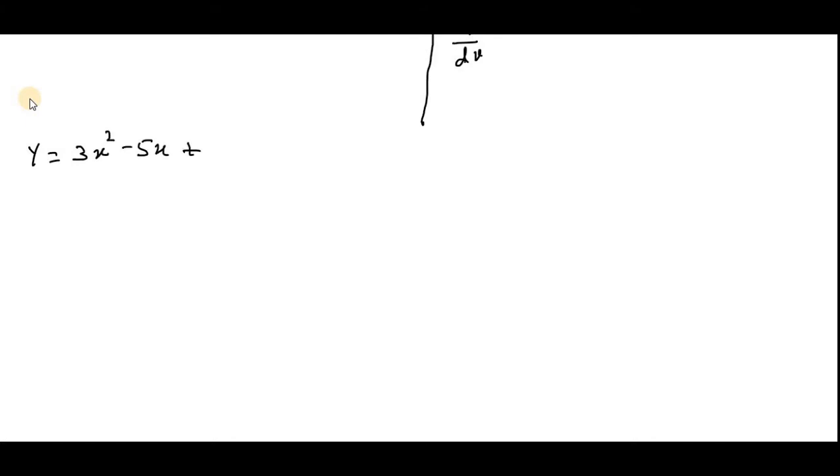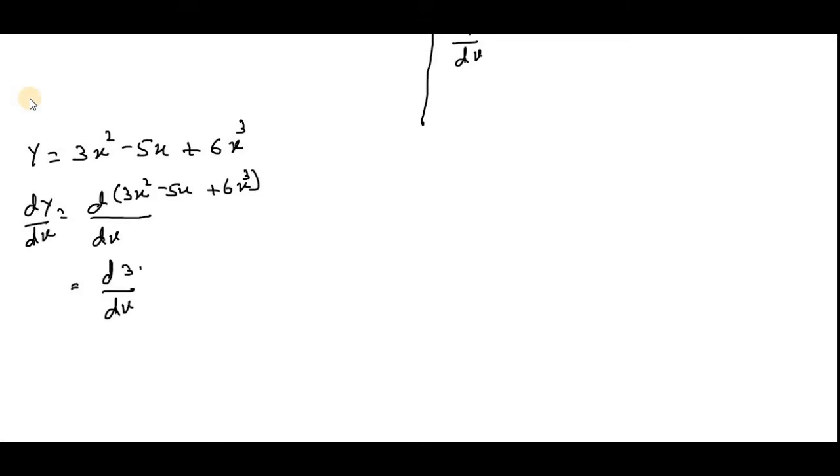So y is equal to 3x square minus 5x plus 6x cube. dy by dx is equal to d by dx of 3x square minus 5x plus 6x cube, which is d by dx of 3x square minus d by dx of 5x plus d by dx of 6x cube.